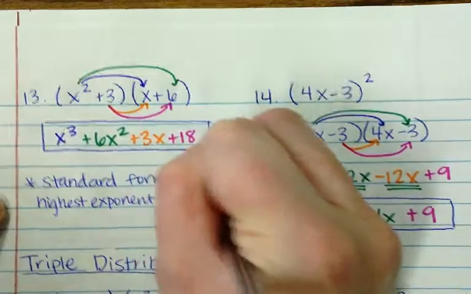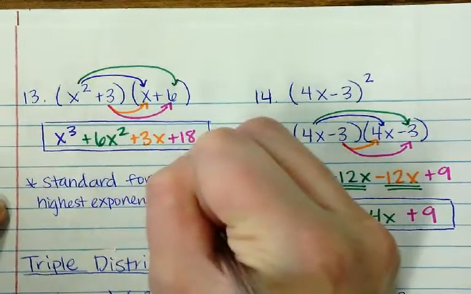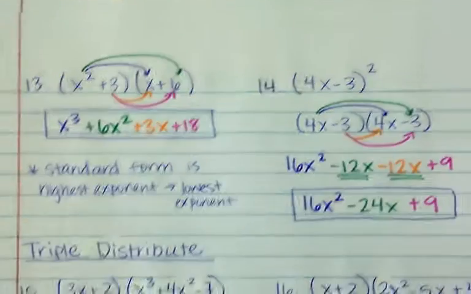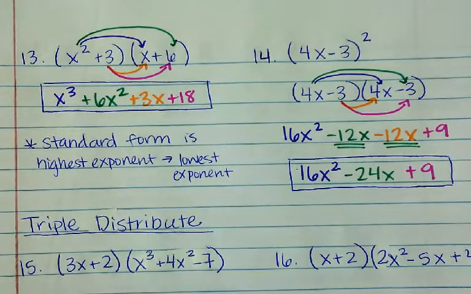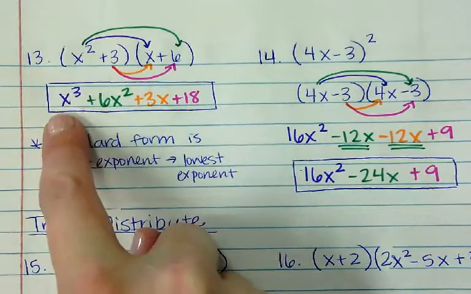And if you don't put it in standard form, it's going to be grumpy with you. So you have to make sure you do it from the highest exponent to the lowest exponent. So if you had x cubed plus 3x plus 6x squared plus 18 and you put that in, it would count it wrong. You have to make sure it's in standard form.